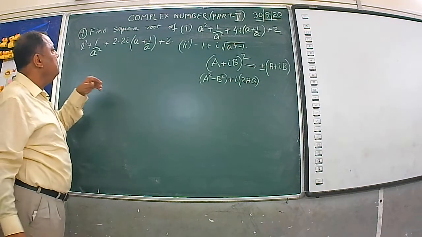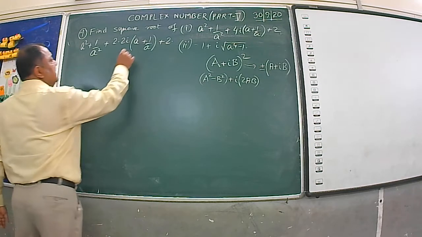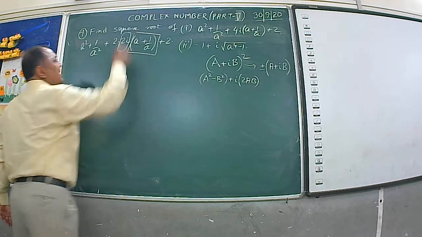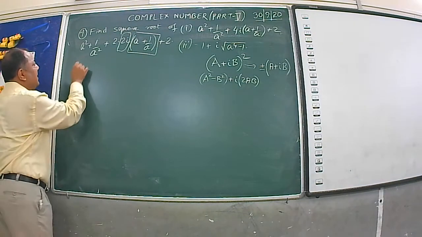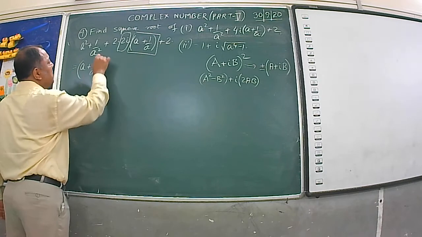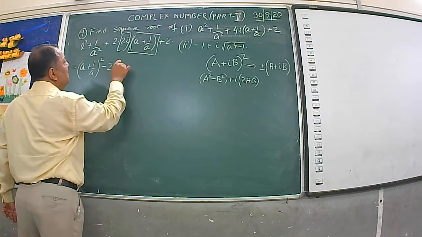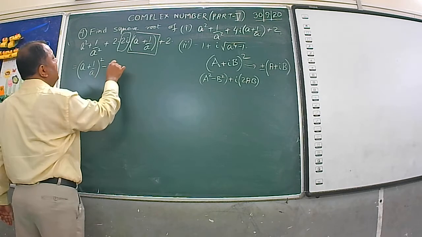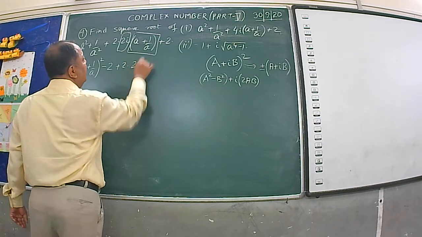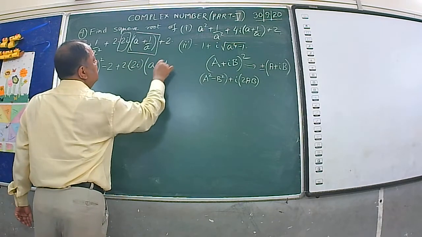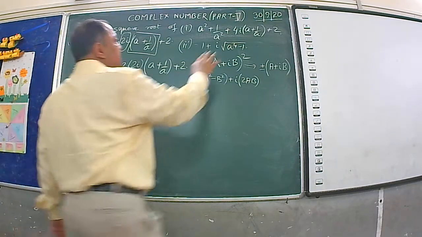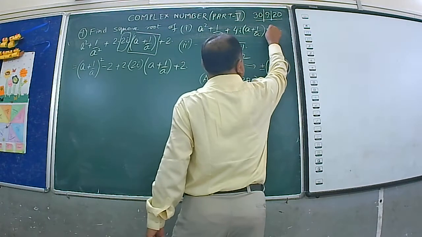On further simplification, I find that this portion is A or B. So if I write this as A plus 1 by A whole square minus 2, sorry, this is actually minus out here.